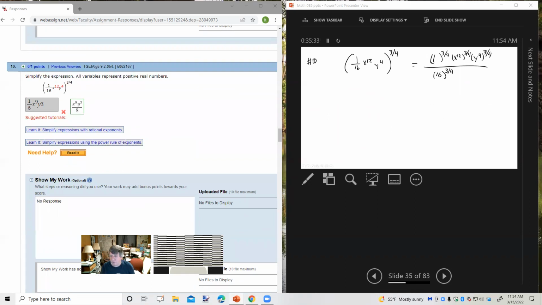So very much like what we did in the previous problem, we've got a product/quotient raised to an outside power. So that outside power gets attached to each factor in the numerator and the denominator. Okay. Then again, we're going to take it one piece at a time. 1 to the 3/4 power is like 1 cubed to the 4th power, which is like 1 to the 4th, which is 1.